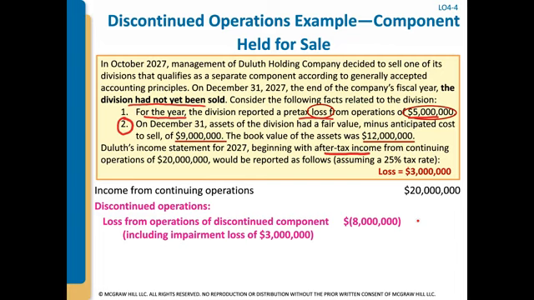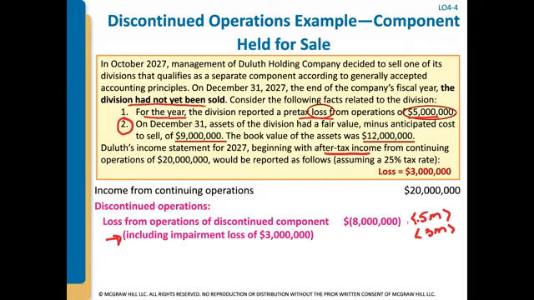So it had told us in number 1 here that the division reported a pre-tax loss of $5 million. And then we had our $3 million impairment, and that's how we get to the $8 million. Again, it tells you here that including impairment loss of 3 million.